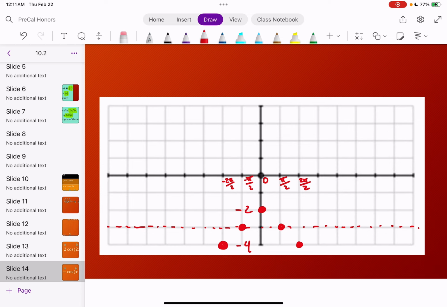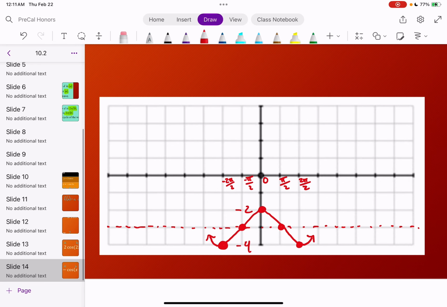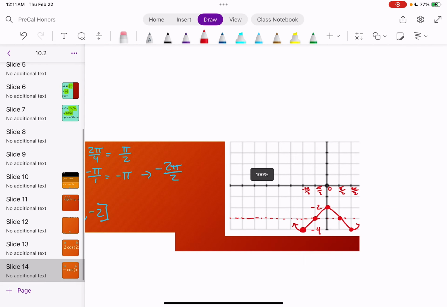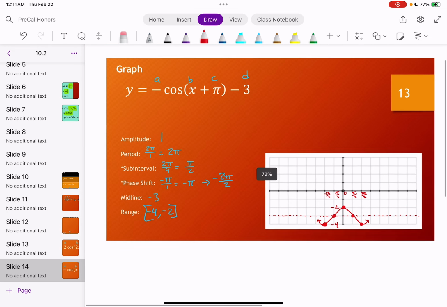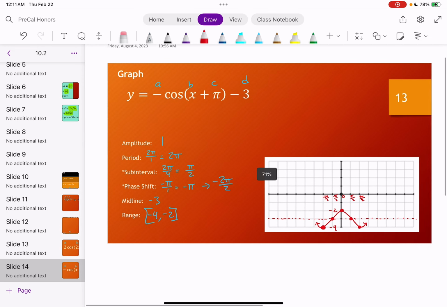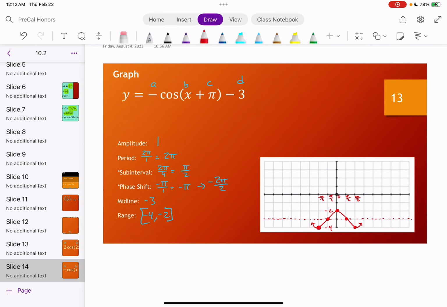We would go ahead, connect our dots, and notice it would curve back up towards the maximum. And this cycle would continue to occur. This right here would be exactly how each one of these cosine functions would be graphed. Highly suggest if you have any questions, please feel free to ask at any point.